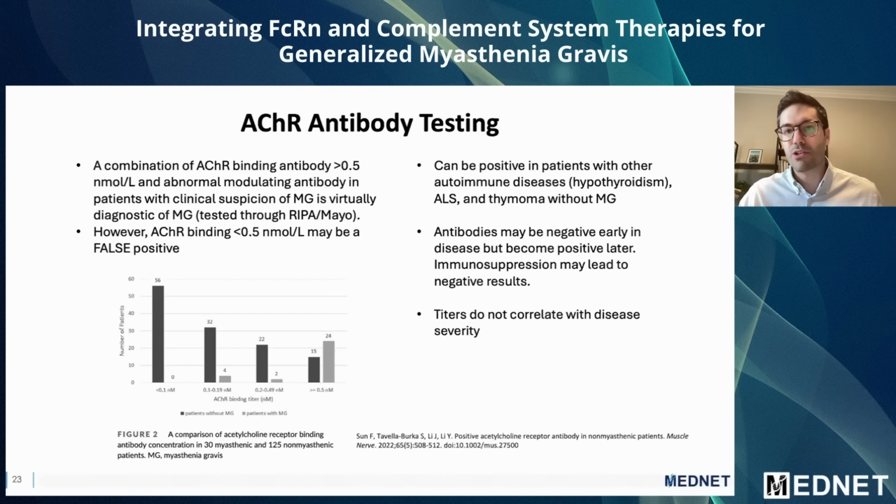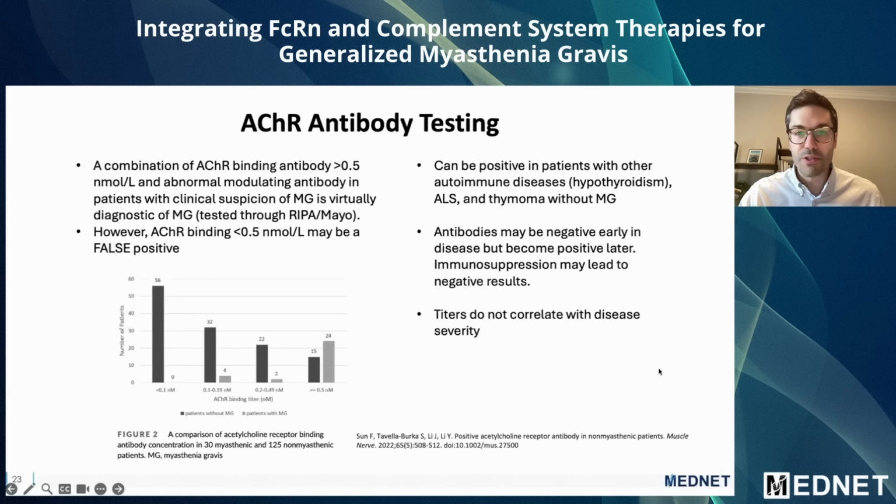So there've been some nice studies showing that patients with thymomas may produce AChR antibodies, but they don't have any classic symptoms, and they have negative electrophysiologic testing indicating that they don't actually have myasthenia gravis, though.